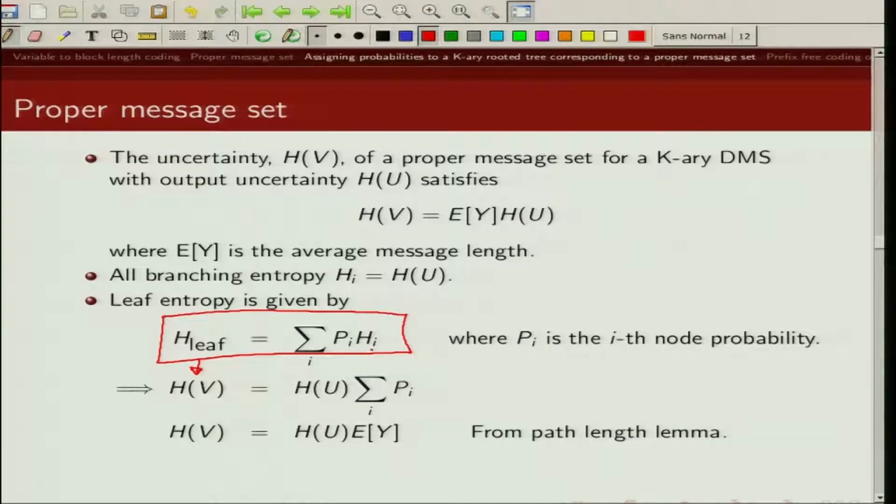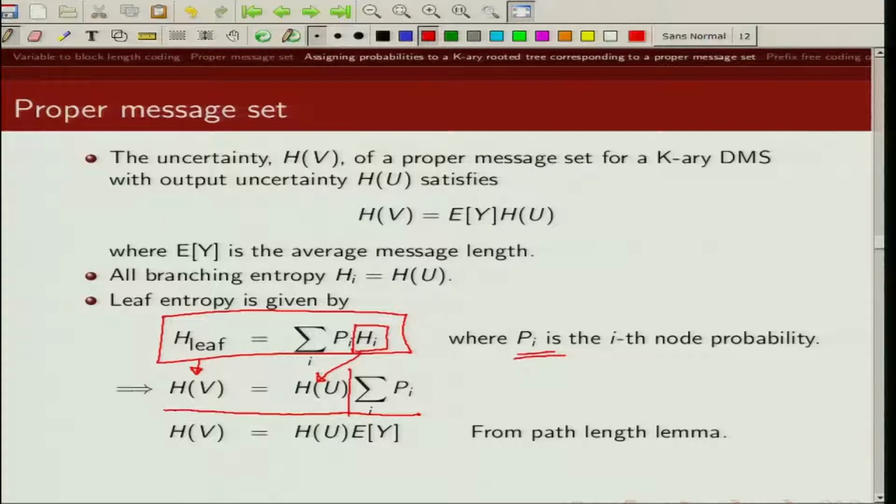We know the branching entropy Hi is independent of i, it's always equal to H(U), so I can take that out. So what I get is H(V) is equal to H(U) times the summation of these probabilities over the nodes, including the root node.